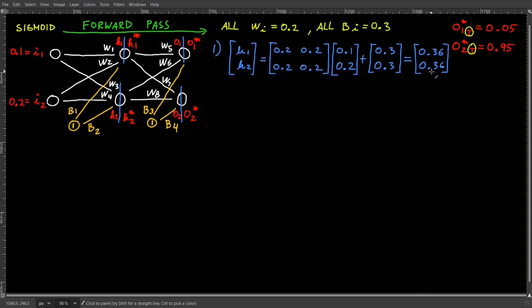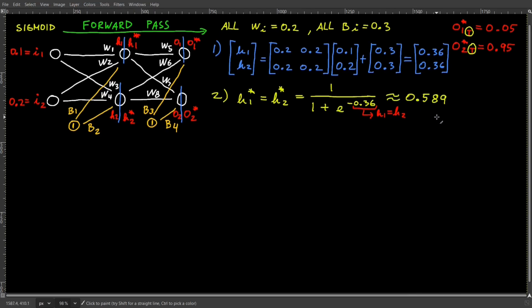In this particular case, since both elements are the same here, in the second step, I will simply write h1 asterisk equals h2 asterisk and the activation function. This one here, that's h1, which is also h2. It will approximately give me 0.589.